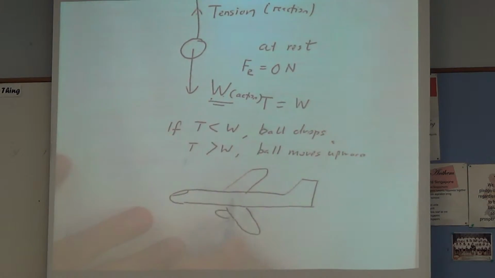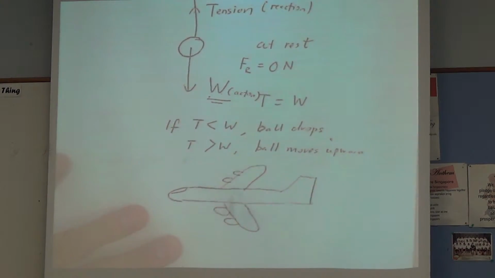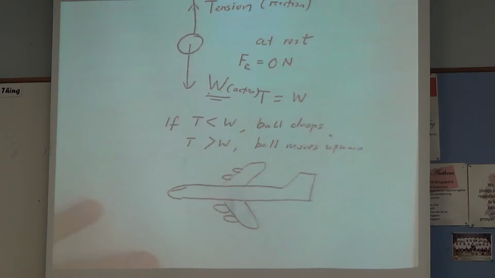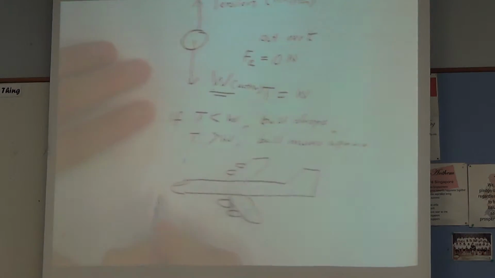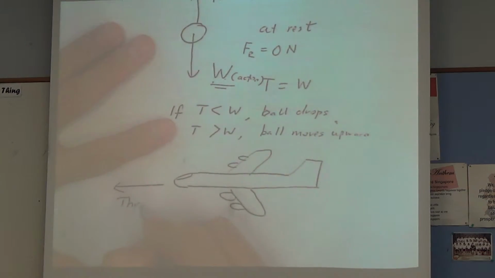I must draw an engine. The aeroplane is flying in the air, cruising, moving this way with a forward engine thrust.